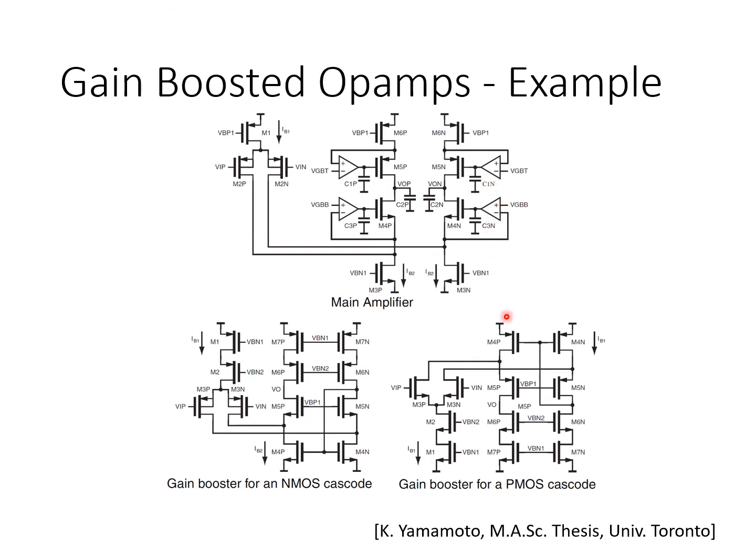Each of these gain boosters is itself, in this particular example, a folded Cascode. Now you'll notice that the amplifiers driving the gates of the PMOS Cascode devices have to accept as inputs relatively high voltages here.